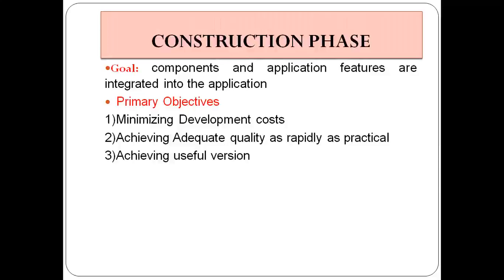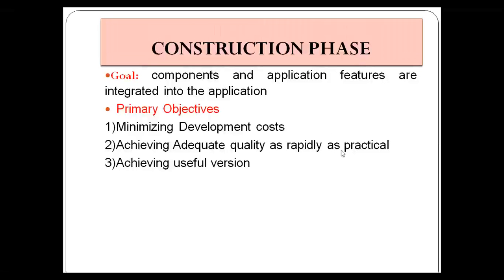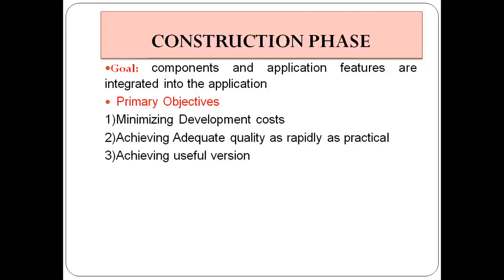And then once a quality product has been done, they have to check whether they have achieved a useful version or not. How can I come to know whether it is a useful version or not? You are going to do your alpha testing, your beta testing, and some test releases. So these are the primary objectives of your construction phase.